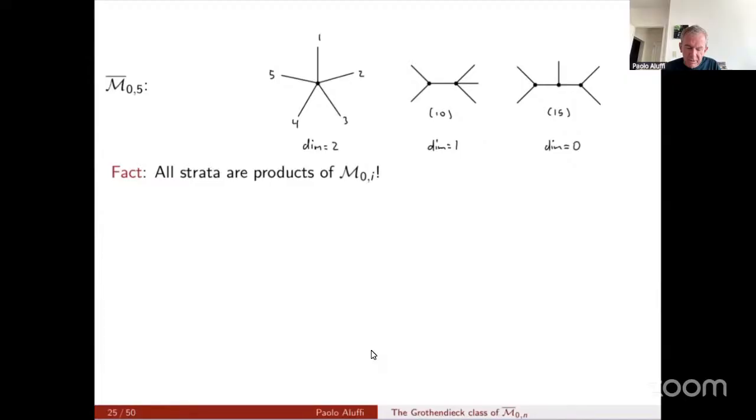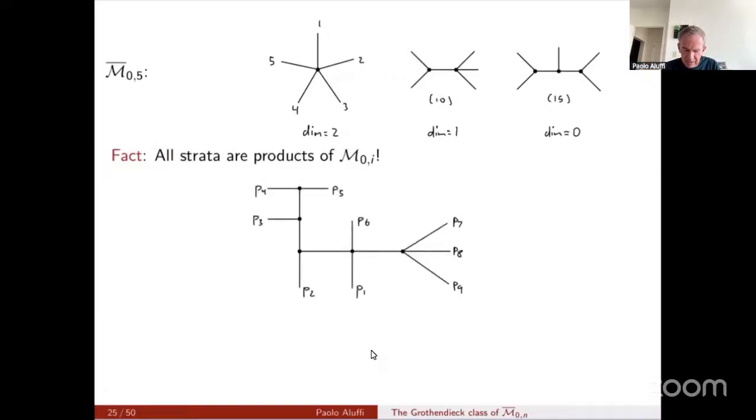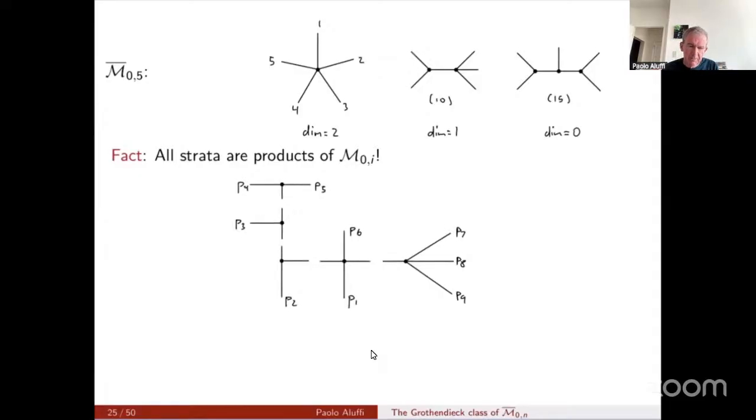The advantage of looking at these dual trees is that you can see that they are products of very simple components, and that corresponds to the fact that all the strata are products of the uncompactified M0i's. So for example, if you take this point I've been carrying around, this is a point of M09 bar, I'm going to break it up into trees. Each of them is the simplest kind: just 1 vertex and a number of leaves.